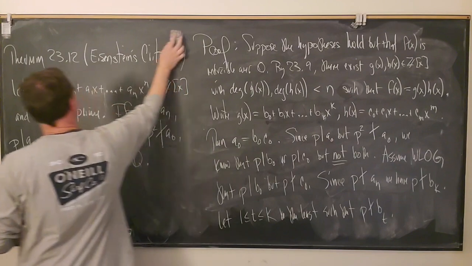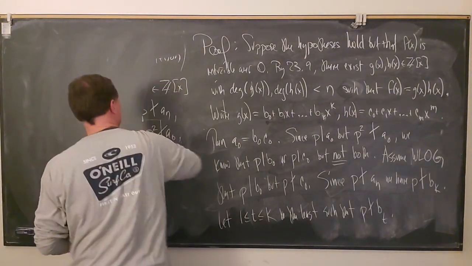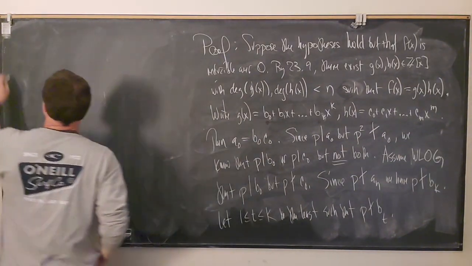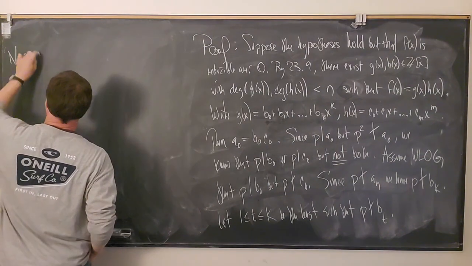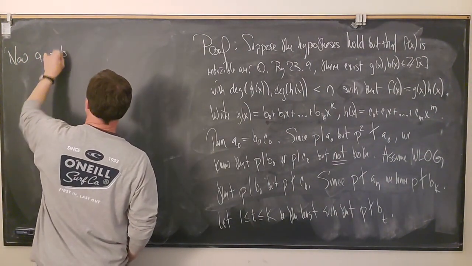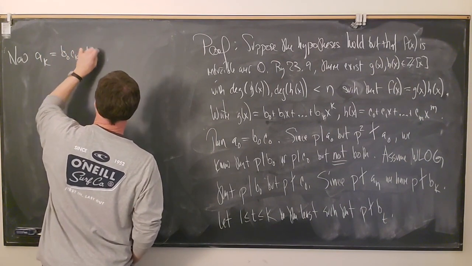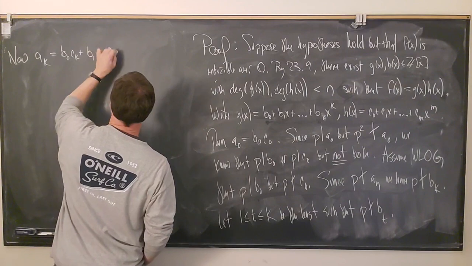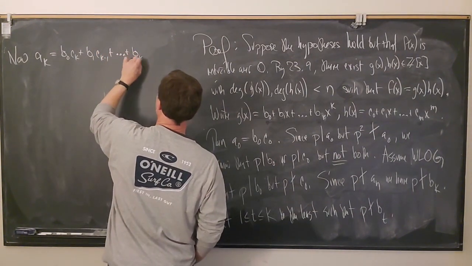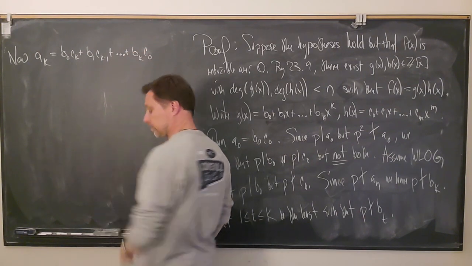So now let's look at the coefficient a sub k. So now a sub k is going to be obtained as b0 c sub k plus b1 c sub k minus 1 plus dot dot dot plus b sub k c sub 0.